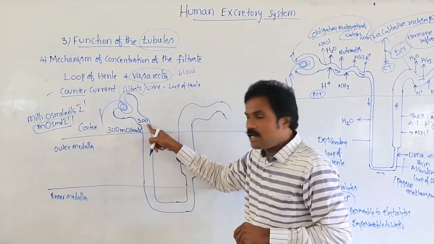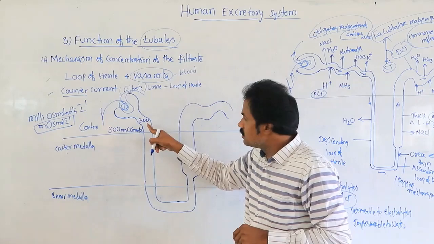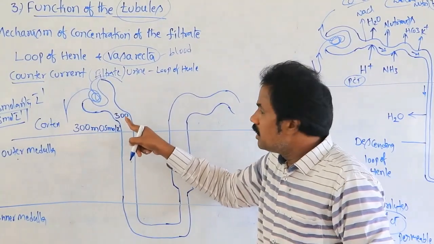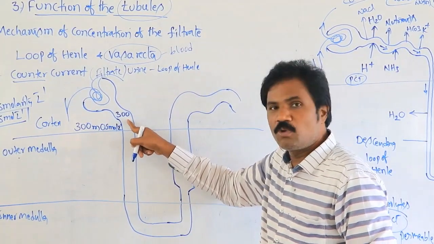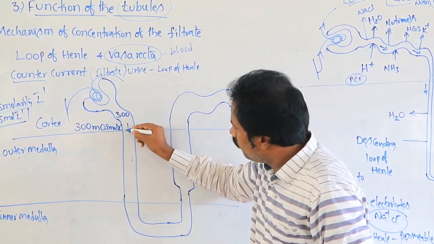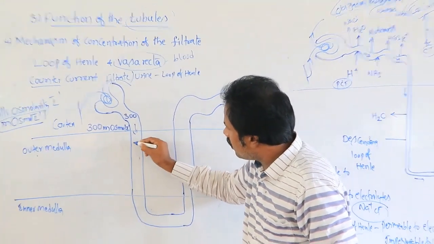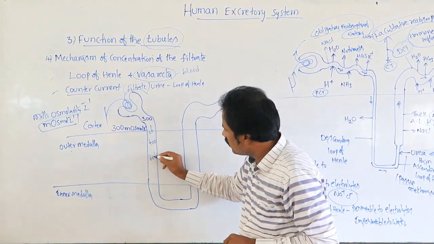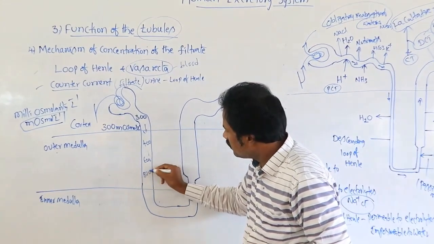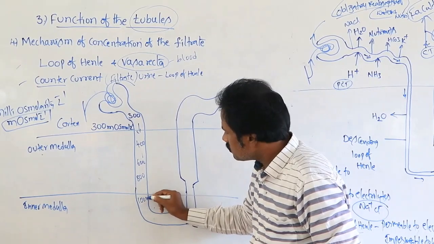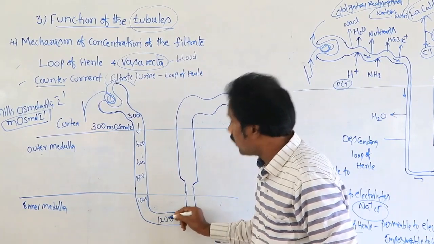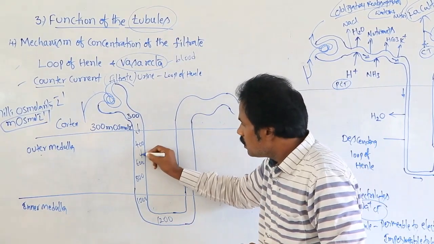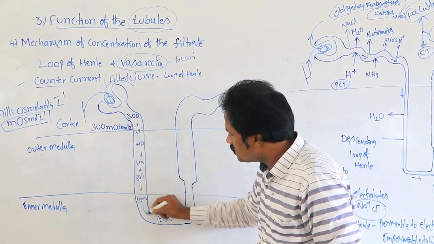Normal blood entering the proximal convoluted tubule has 300 milliosmolarity. While moving down, the osmolarity increases like 400, 600, 800, then 1000, then a maximum of 1200. Why does it increase? Why does the concentration increase?